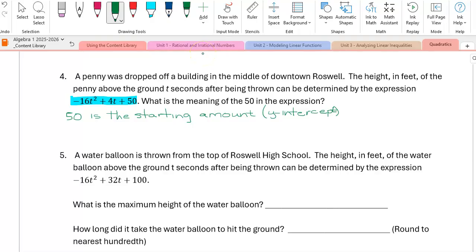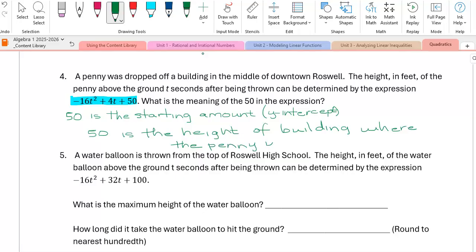So we could write, let's see, how could we write this? 50 is either two things. 50 is the height of the building, because that's how tall the building was, because that's where I stood on top of a building. Okay, it's the height of the building where, here's a word, where the penny, let me write this, was initially.